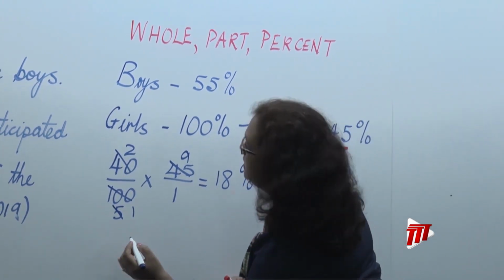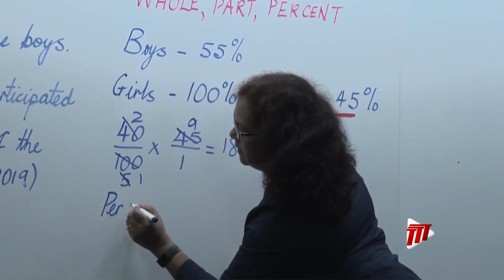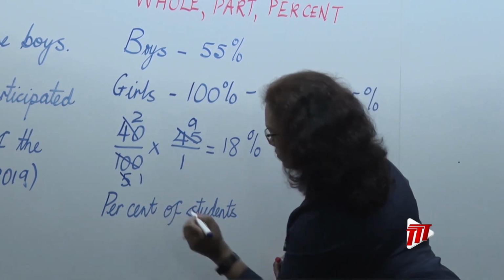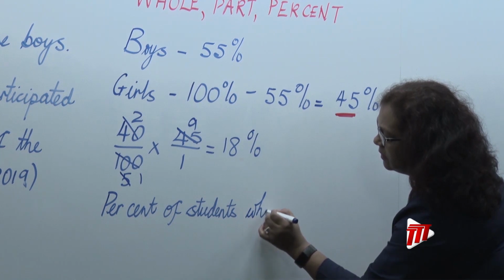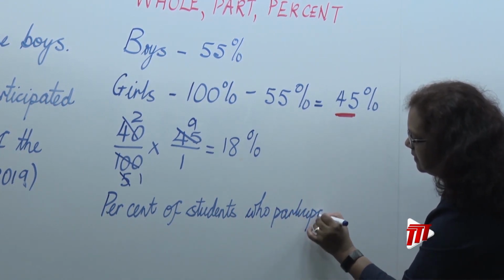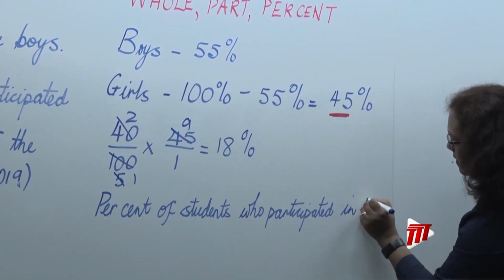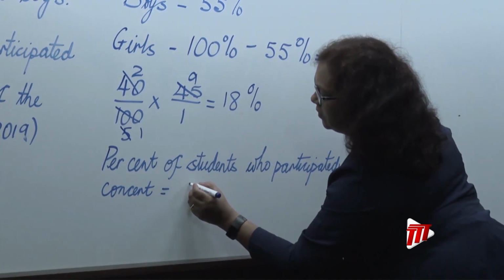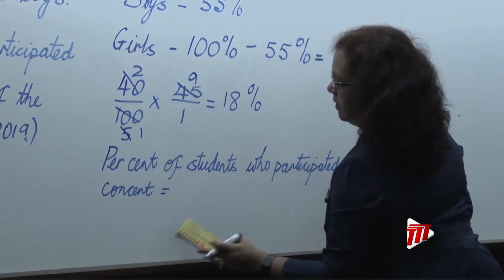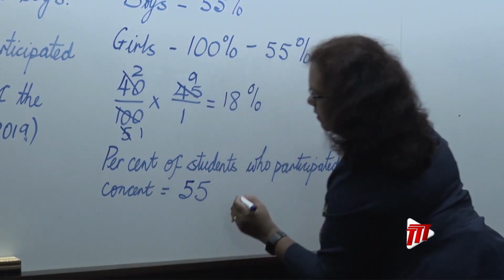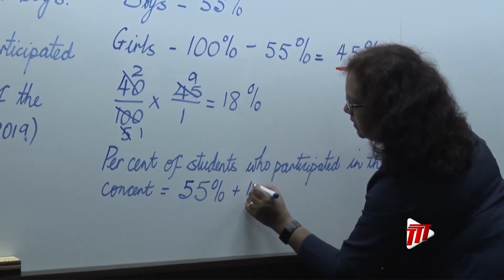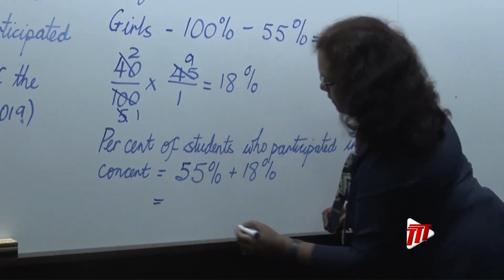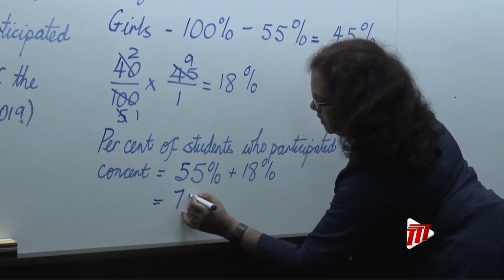So my total percent of students who participated in the concert is equal to 55 percent, which is the boys, plus 18%, which represents the girls, and that will give me a total of 73%.